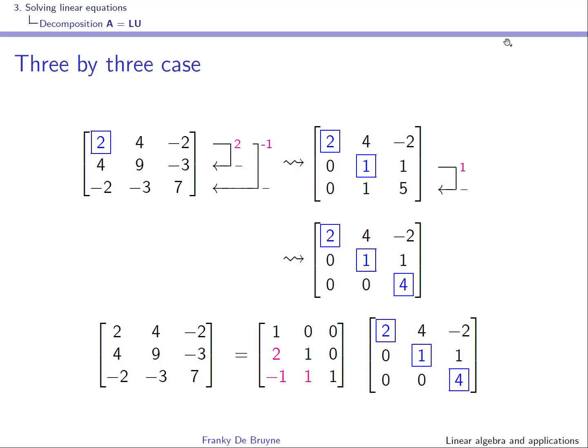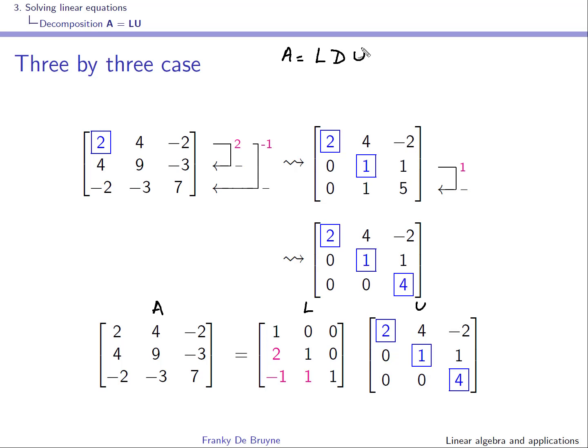Well, what you have just done in this example is to decompose A into L times U. Sometimes you would like to go a little bit further, and we would like to write A is equal to LDU. Remember that L on the diagonal has one element.